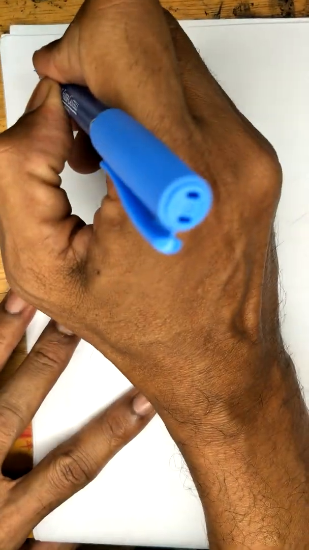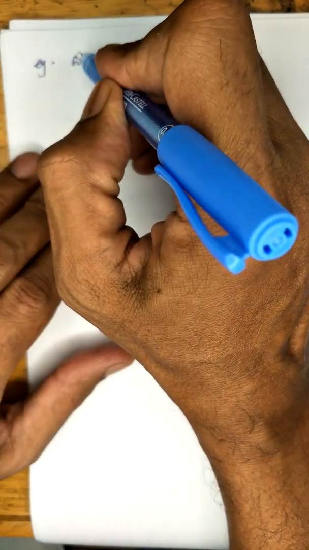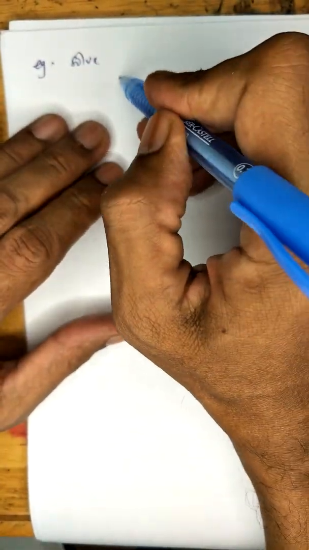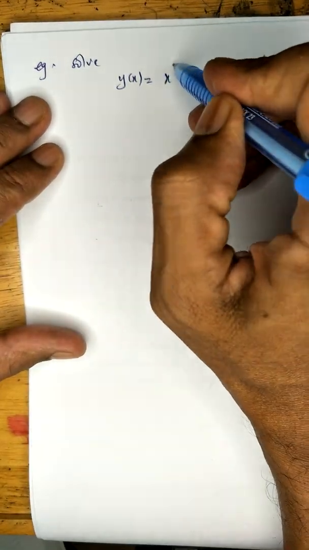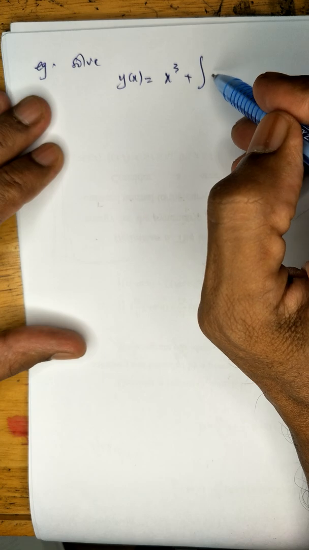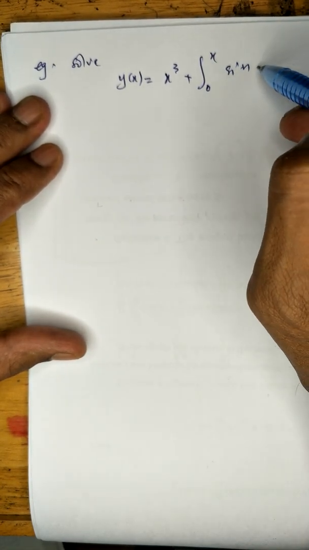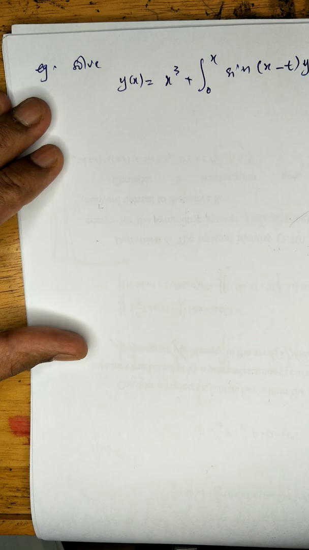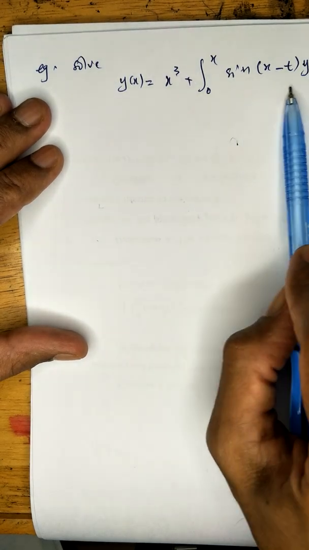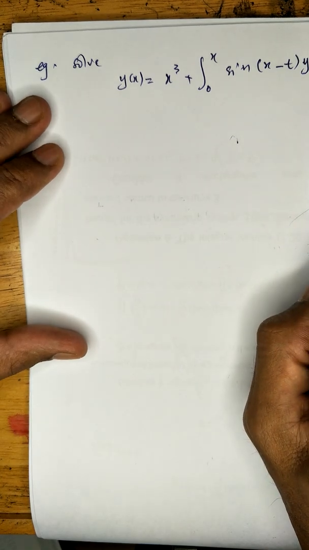Next example. Let's say I want to solve y(x) equal to x cubed plus the integral from 0 to x of sine(x minus t) y(t) dt. Again, this is the convolution of two functions, so you can recognize this.